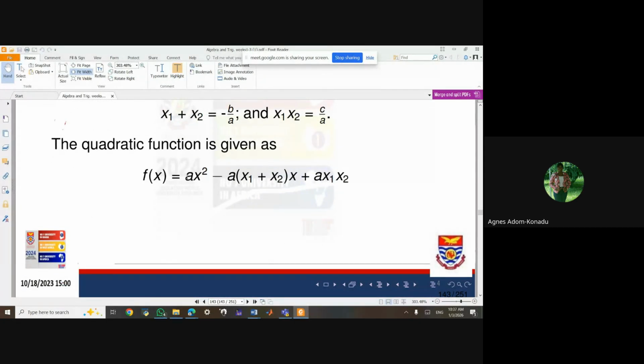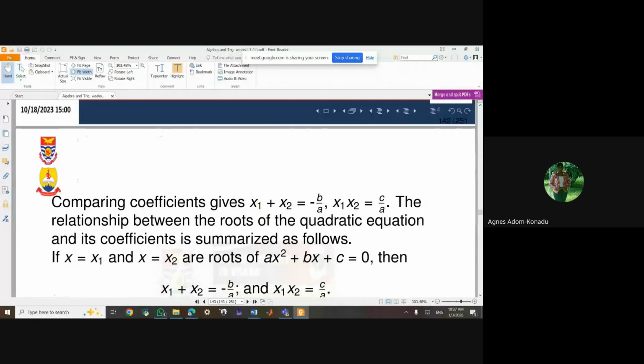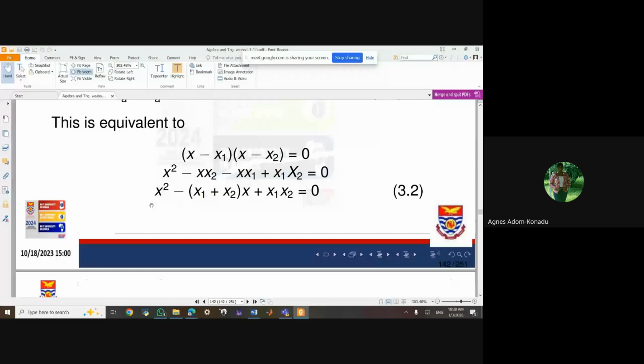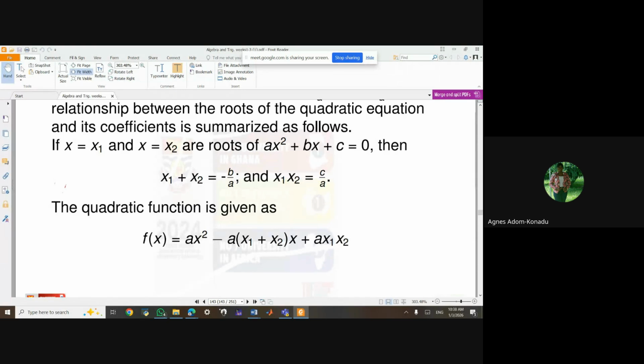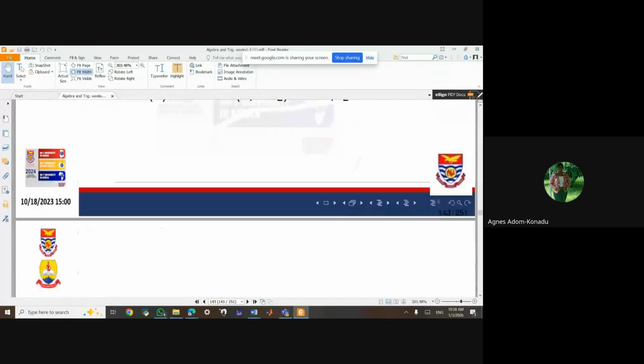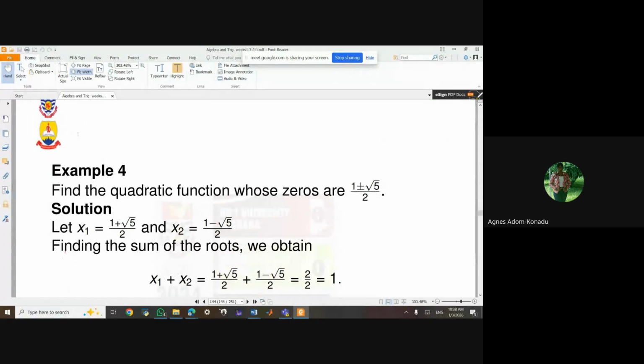So if I multiply through by a, I'm going to get ax squared minus a, in brackets, the sum of the roots, x plus a times the product of the roots. So that's how to go about it.